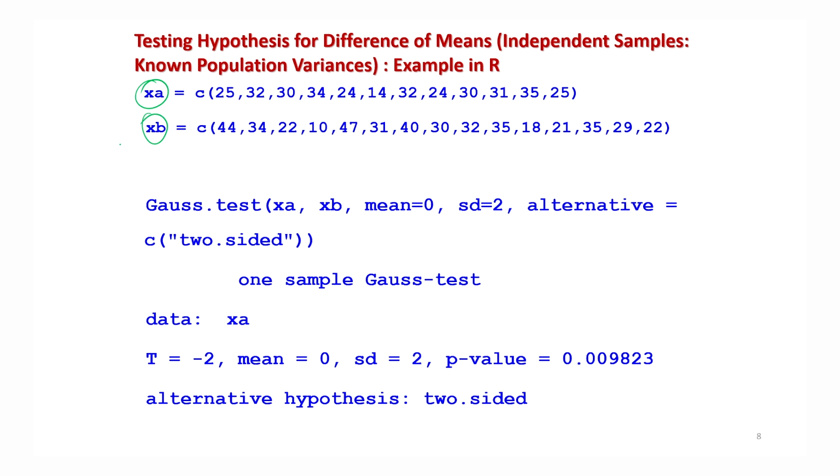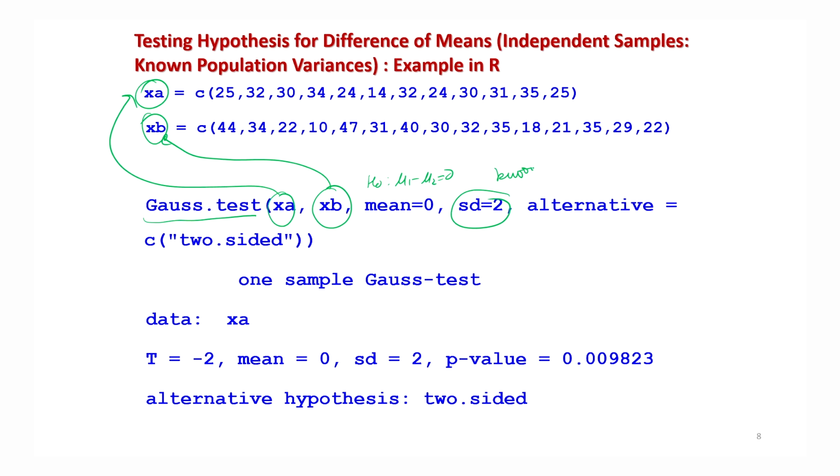I use the command gauss.test with the first data set xa, the second data set xb, mean equal to 0 because H naught: mu1 minus mu2 is equal to 0, and standard deviation equal to 2. This is known, this is given to us.